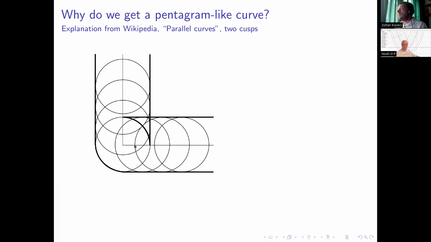But what happens here? This is a kind of discontinuity, and that's the reason that here we have a curvature of infinity, because the radius of the osculating circle tends to 0. That's why the curvature here is infinite.